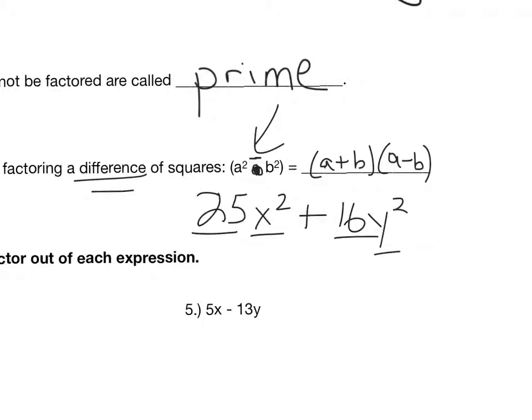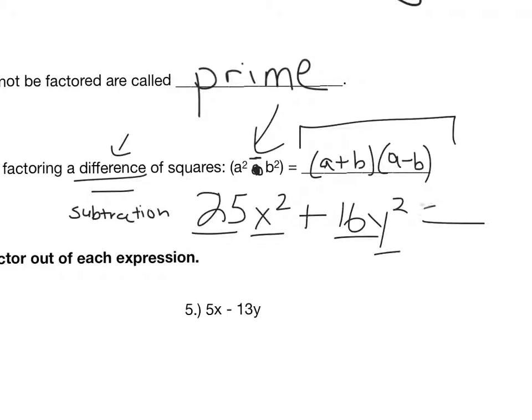But this isn't a difference of squares, because difference means subtract. It's subtraction. So you have to be dealing with subtraction, and that's when you can split them up into this format.